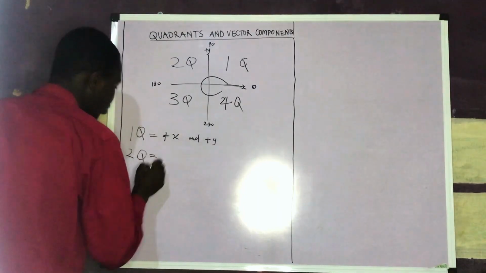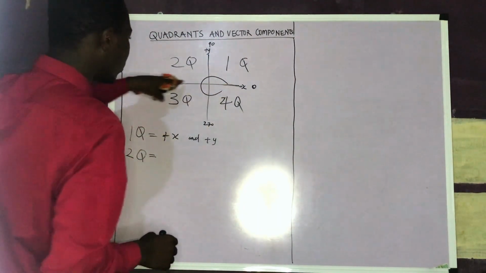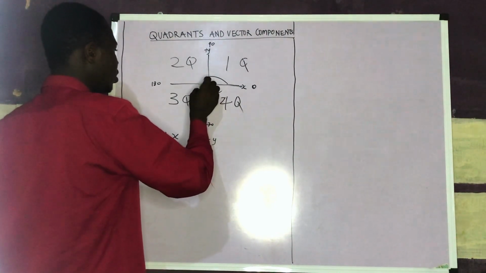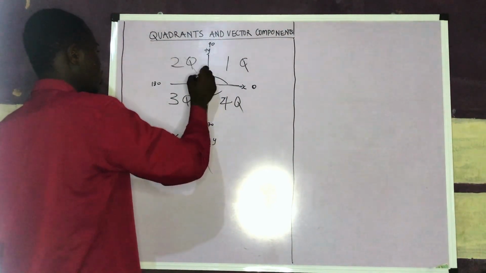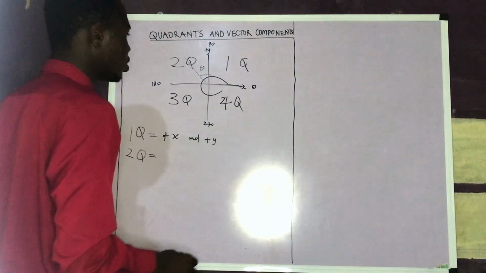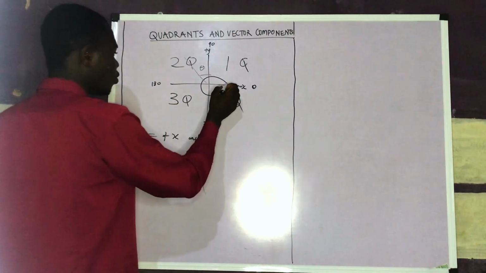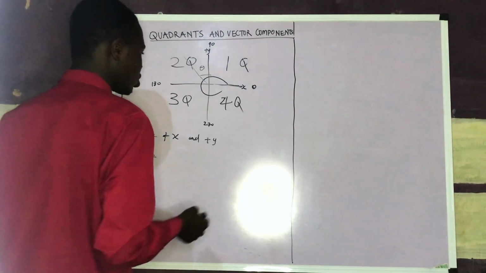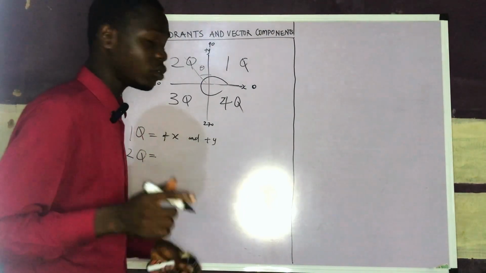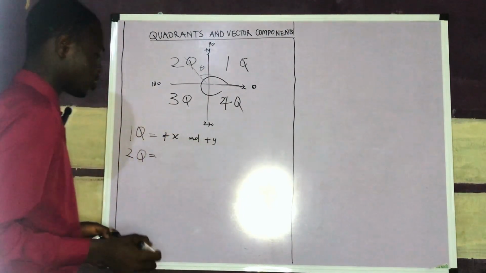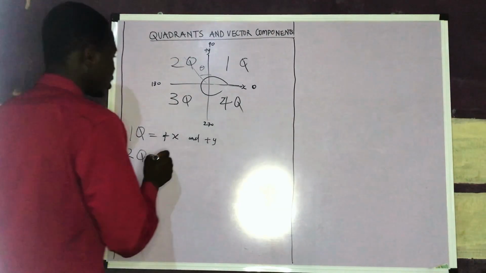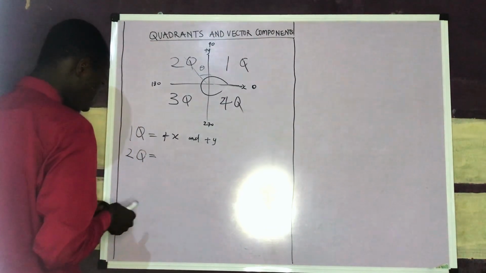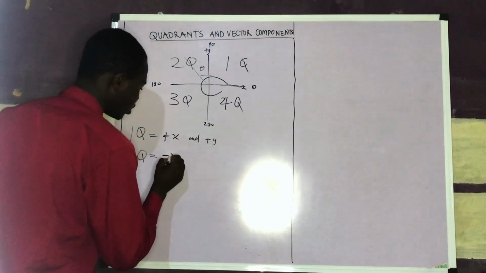For the second quadrant, you will still measure from the positive x-axis. You can be given an angle between this place, right? So if you want to measure the vector, you start from here. From here to here is 90 plus the angle that is in this place. That will give you your answer. That means to be in the second quadrant, you are given negative x.